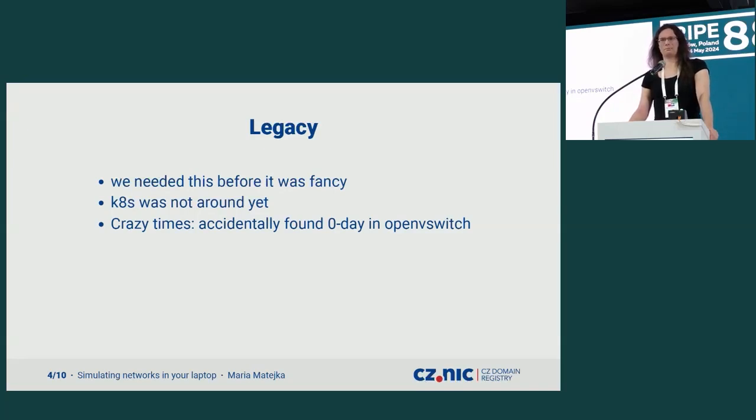Then I went to a party with my friends. One of them was a kernel developer, and I didn't know that this was a 0-day. So I just mentioned it, and he was like, "What have you just said? It's embargoed. You should not speak about things that are under embargo." I was like, "What? I have just found a bug which is under embargo? I didn't know." Nice.